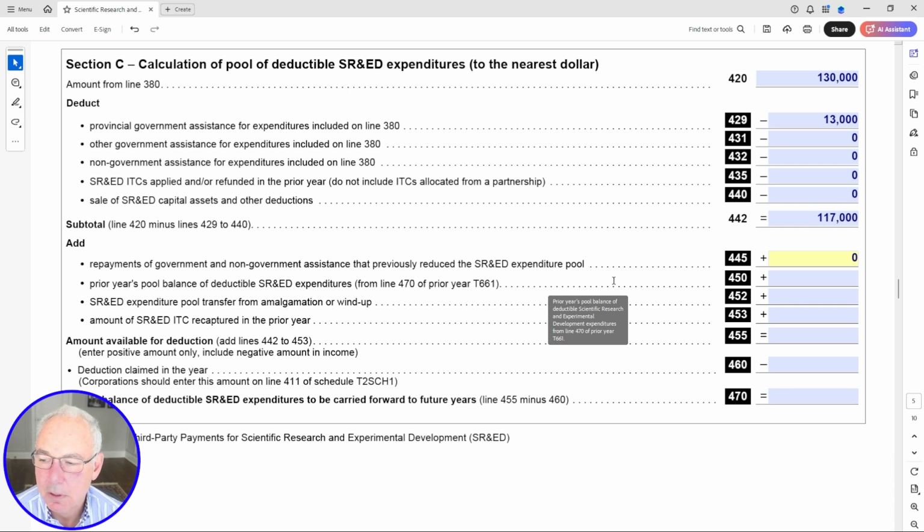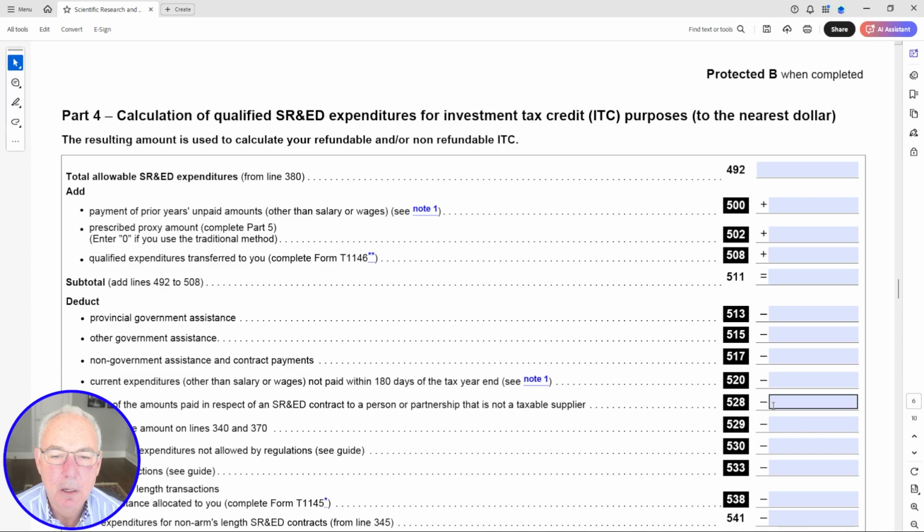It's about your SRED pool balance, so we're going to put in zero. Maybe this is the first year that you filed your SRED claim. And so we're going to transfer all of these to be zero, and we're still ending up with $117,000. Deduction SRED claimed in the year, we're going to put zero, and so our pool balance is going to remain at $117,000. Now we're going on to part 4.